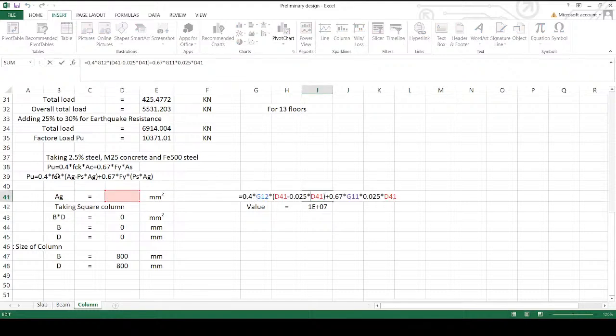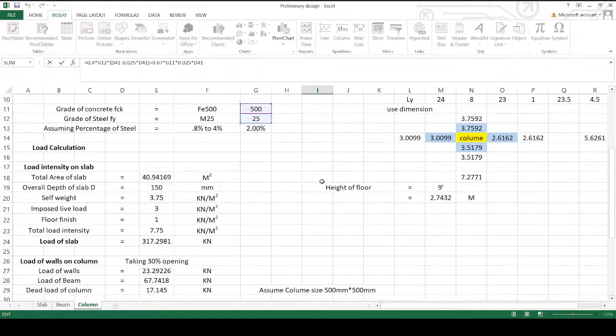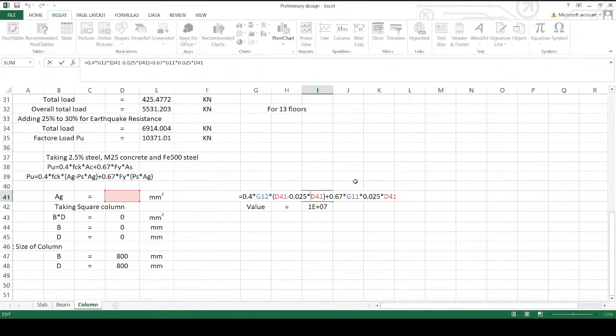0.4 into fck, 25 we have already selected, and then the gross area, select this, and minus 0.025, that is Ps, the percentage 2.5%, so 0.025 into Ag, these portions, plus 0.67 into fy, that is 500, into Ps, that is 2.5%, into this portion.